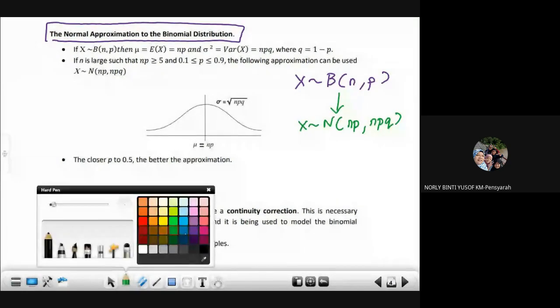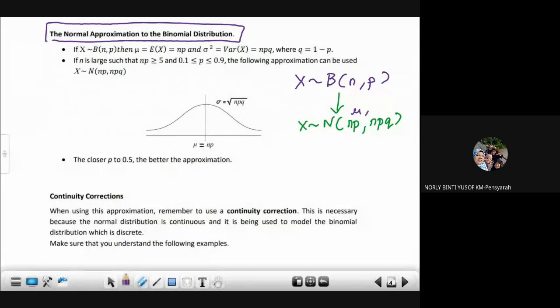Sebab asalnya mean dan juga variance, kita sesuaikan dalam mean dan variance dalam binomial. Sebab mean dengan variance dalam binomial, ini rumus dia, np, npq. Madam suruh hafal sebab rumus ni tak ada, tapi kita apply nanti dalam approximation normal to binomial.